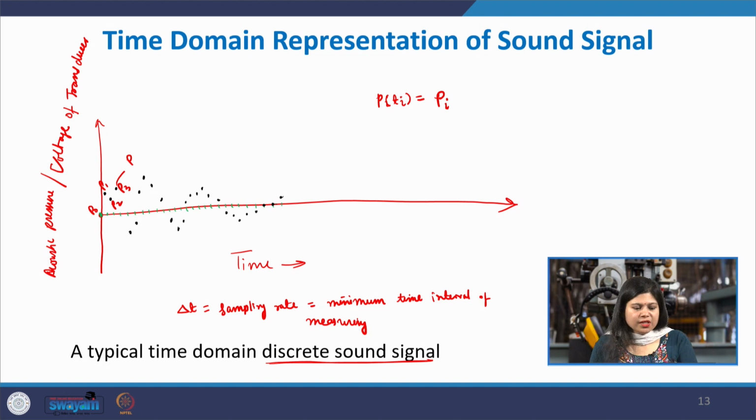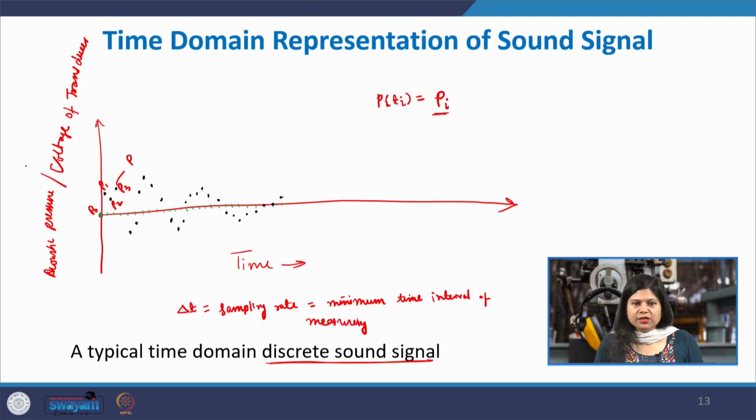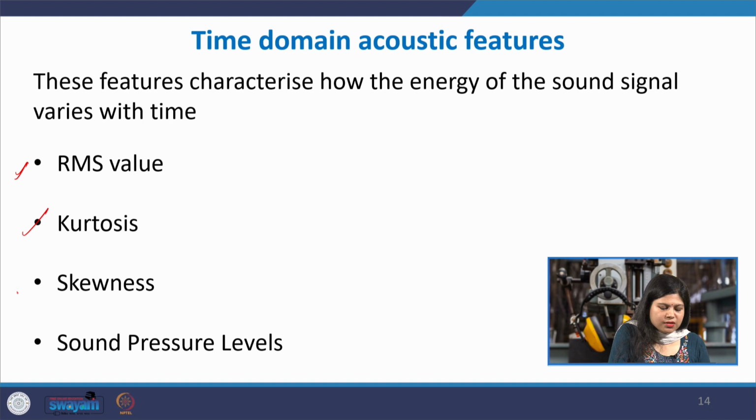For this collection of points or Pi's, the various acoustic pressures, we can do various forms of analysis, because if you treat this as a distribution of discrete points, then you can find out the RMS value of whatever points you have measured. You can find out the kurtosis, skewness and sound pressure level for this discrete sound pressure data.